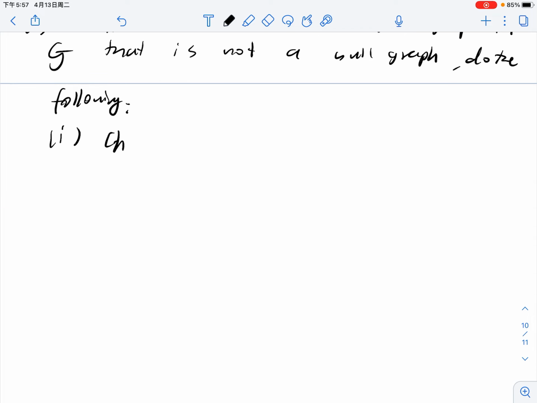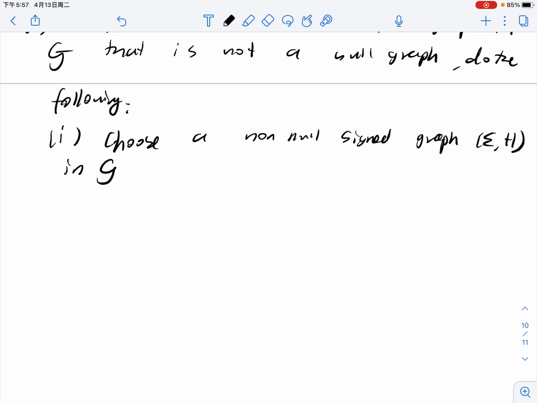First, choose a non-null signed graph epsilon h. Epsilon might be plus or minus in Kyle G, and an edge alpha of h.